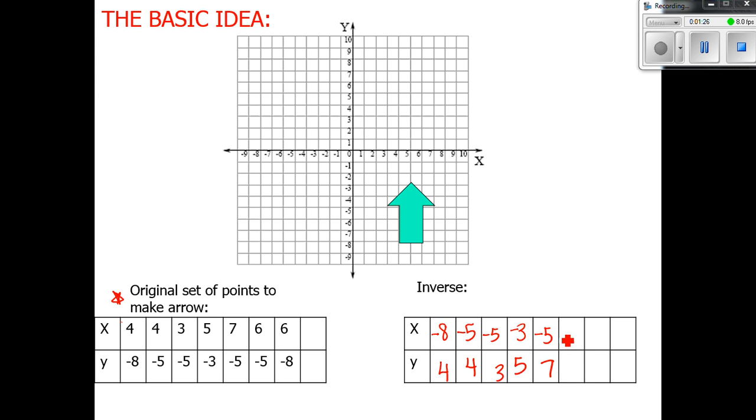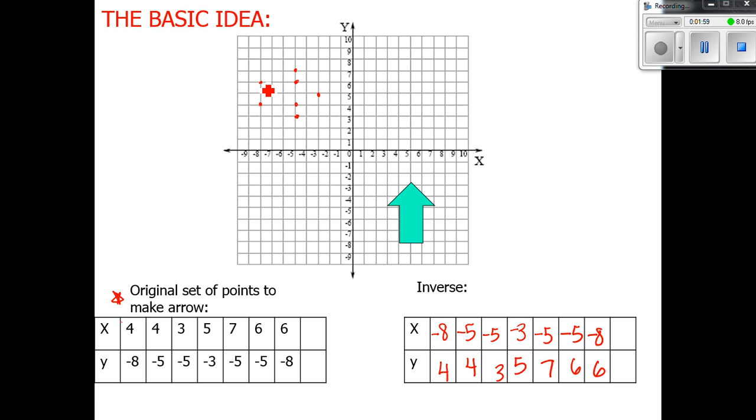All right, so we've got -5, 6 here, -8, 6, and then we're going to go ahead and plot these points. So -8, 4, -5, 4, -5, 3, -3, 5, -5, 7, -5, 6, and -8, 6.